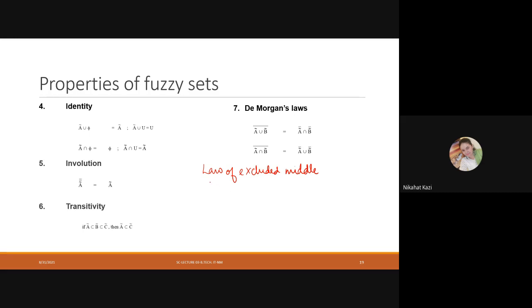In the case of a classical set, A union A complement is equal to what? X. And what is the law of contradiction? A intersection A complement is equal to null. Are these laws true in the case of fuzzy sets?